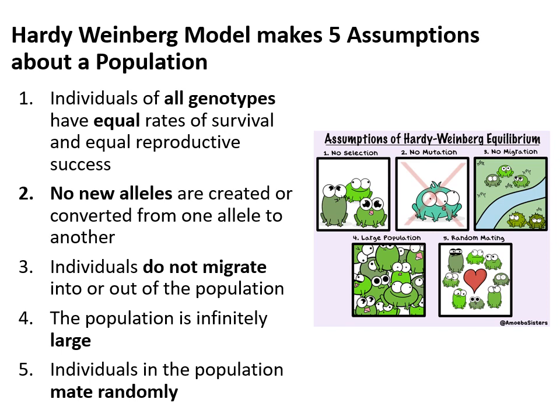And these are the five assumptions that Hardy-Weinberg makes about a population in equilibrium. The first one here is that individuals of all genotypes should have equal rates of survival and equal reproductive success.